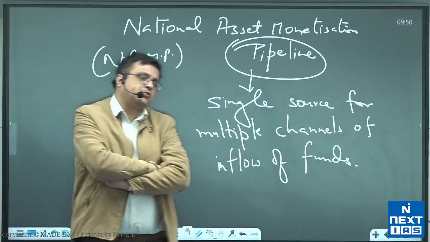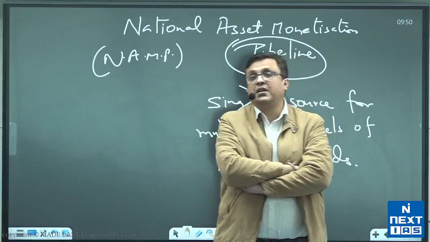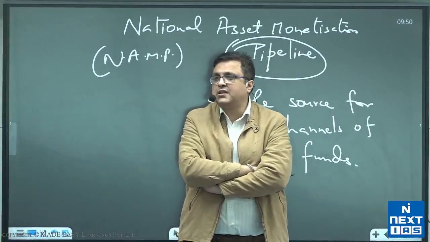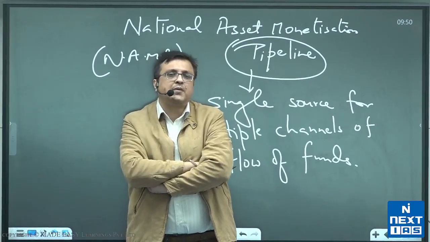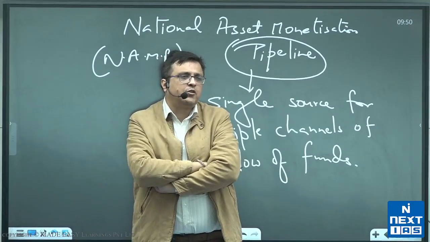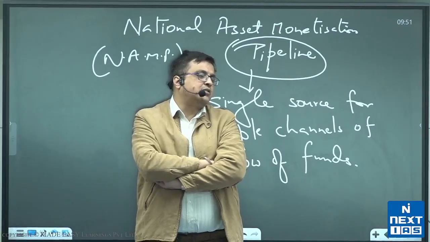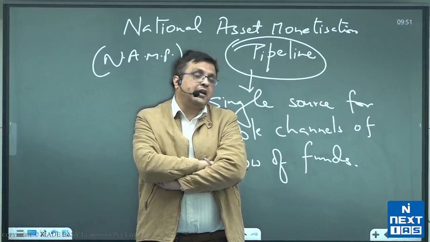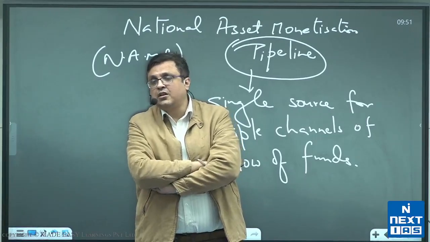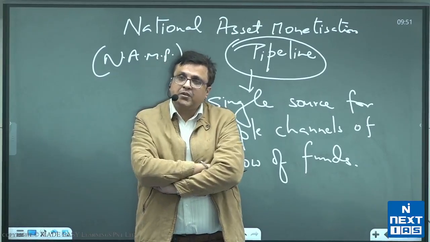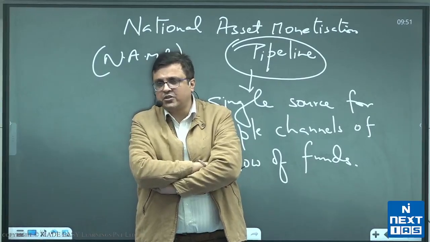Understand it like this. First of all, whenever you hear this word asset monetization, it means you are not selling your asset, you are leasing it out. All right, leasing out means जैसे किराए पे देते हैं. You have rented it for a very long period, something like 20 years, 25 years. Suppose there is a public road, or an airport, or a port, or a railway station, or a public stadium, or an oil and natural gas pipeline, and so on, an electricity generation unit.